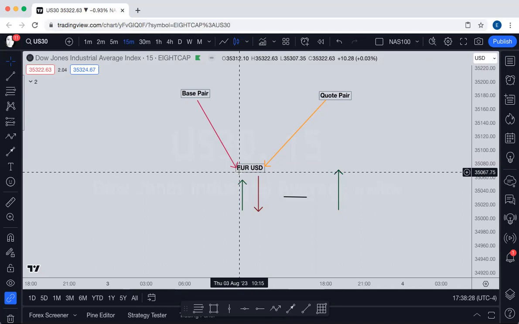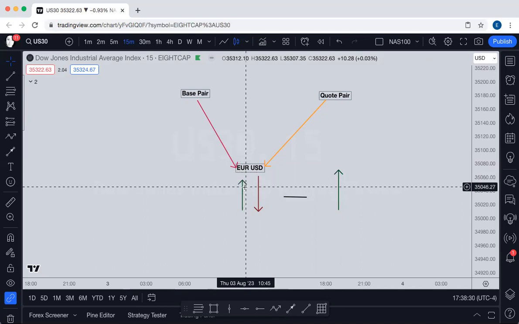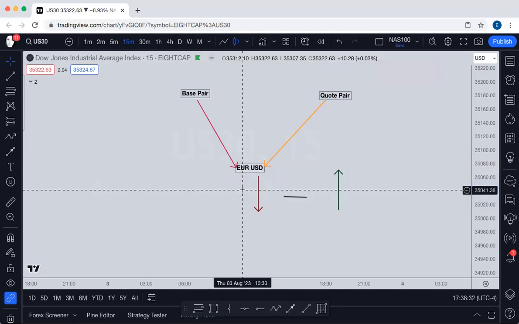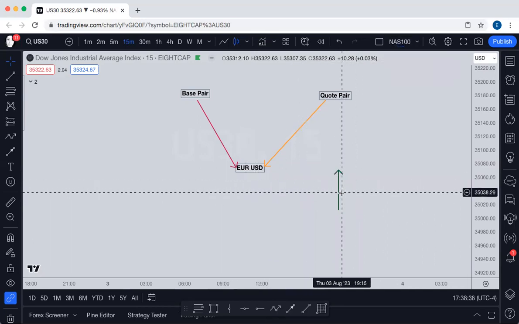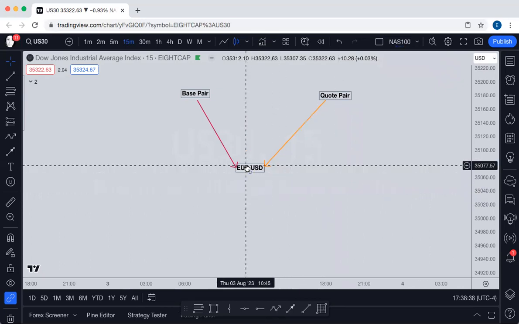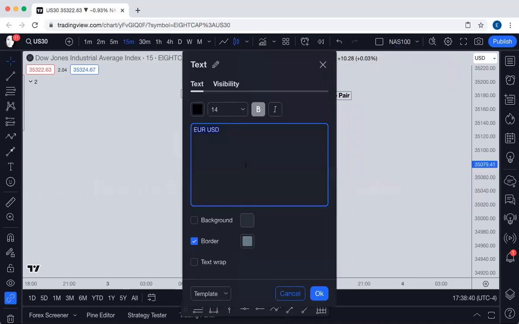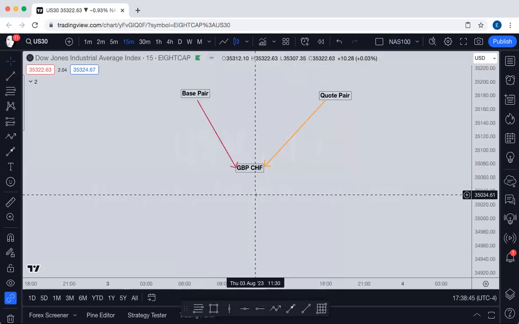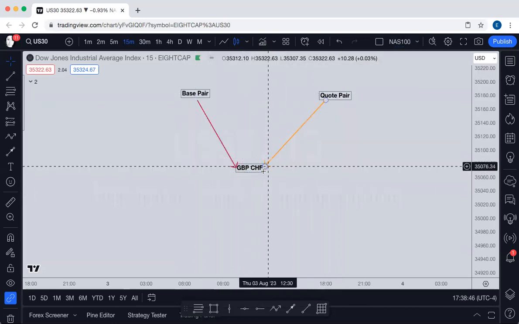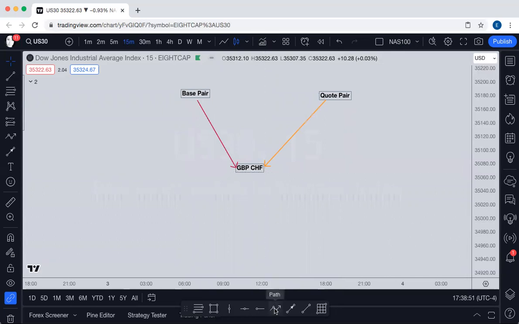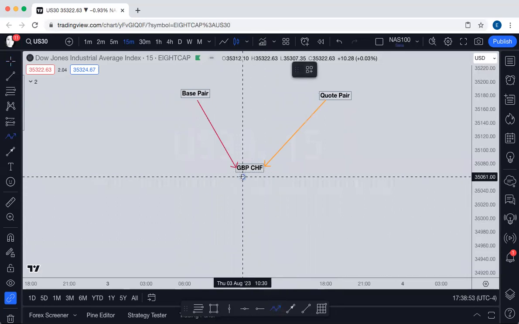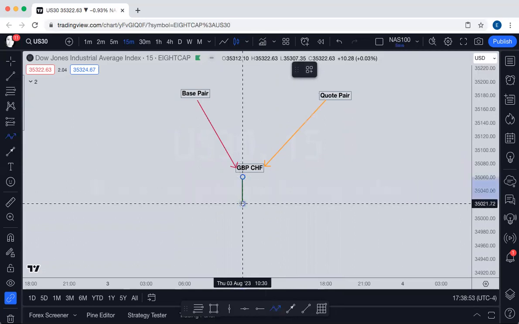So this is going to help you understand that a little bit. Okay, I'm going to give you one more example. So let's look at GBP CHF. Okay, base pair is GBP and you're quoting it to or comparing it to CHF. So let's say the news for GBP was bad.